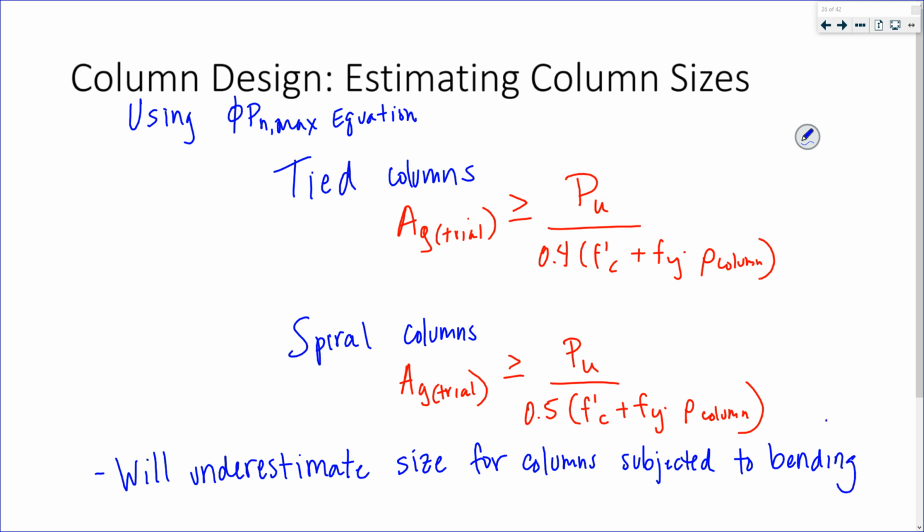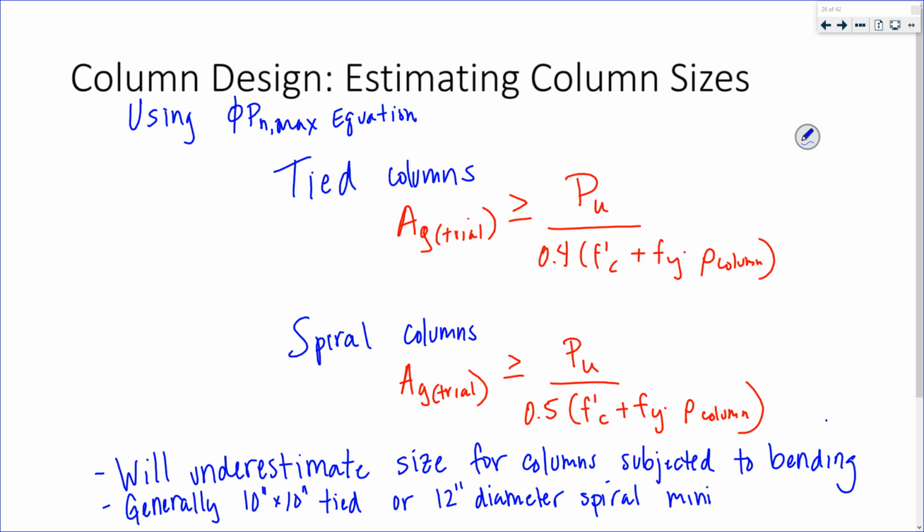And generally, we want a 10-inch by 10-inch tied column or a 12-inch diameter spiral column minimum.